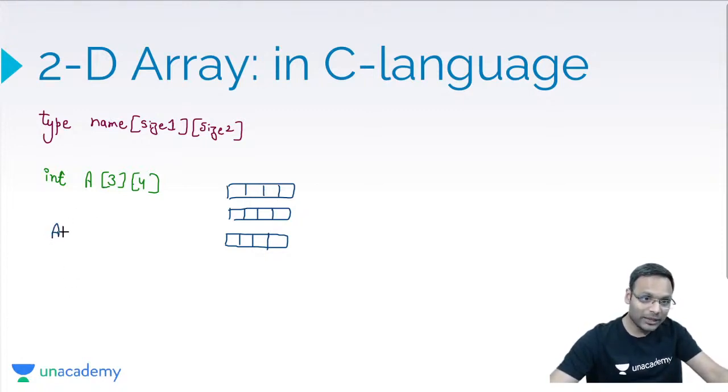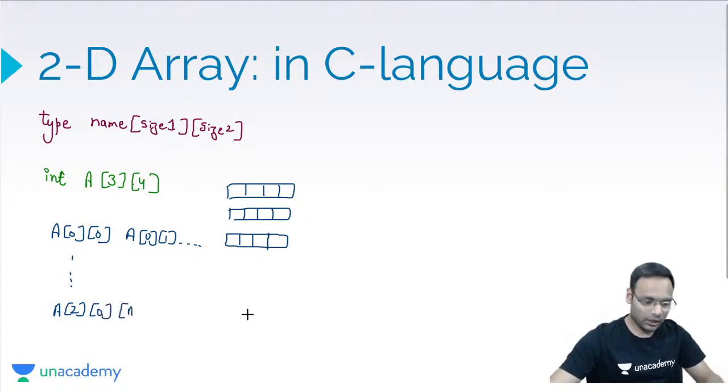First element will be having row number 0, column number 0. Second element will be having row number 0, column number 1, like this. And the last row, the last one will be a of 2 comma 1. And here the last element will be the row number 2, column number 3.